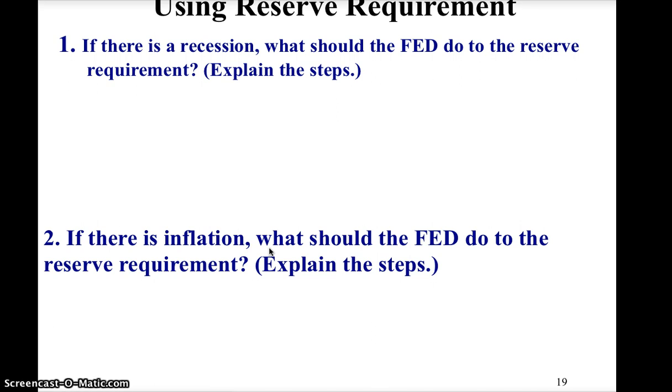If there's inflation, what should the Fed do to the reserve requirement? Well, it's the exact opposite. They should increase the reserve requirement, which forces more banks to hang on to their money. They cannot make as many loans, so less loans are made, less consumption, less investment, and less aggregate demand, which brings it back in line.